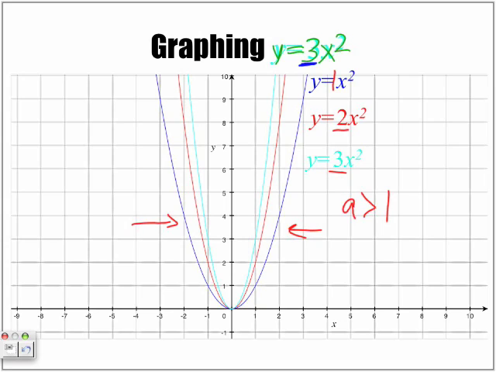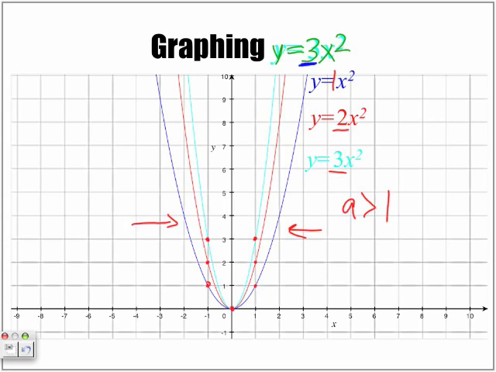Okay, but now notice where the first point was. The first point from the vertex is there. On the inner parabola, the first point after the vertex is there. For the inner parabola, the first point was there.